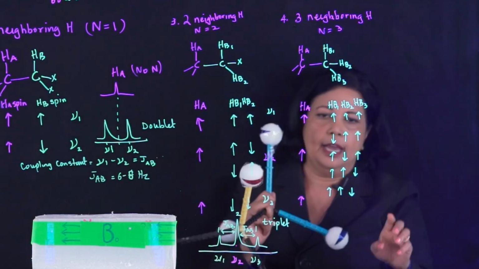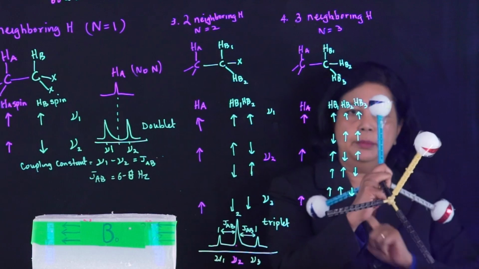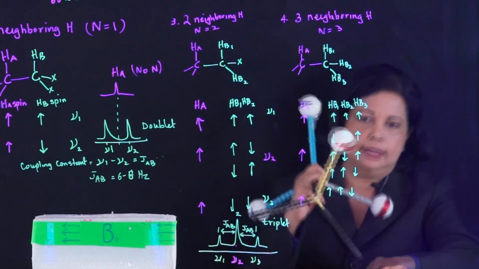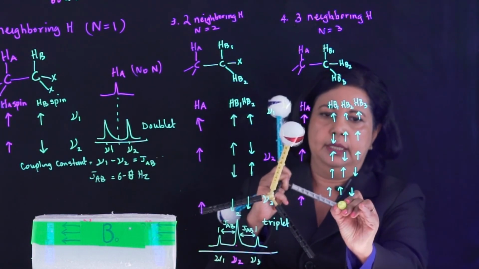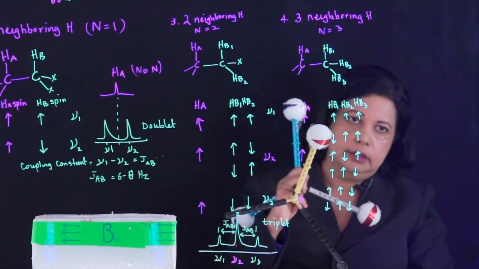Or you could have HB1 and HB3 be in the opposite direction. HB2 can be in the same direction. That's another possibility. So this is going to have HB2 and these two can be in the opposite direction.